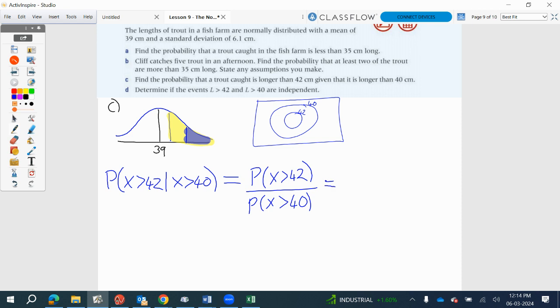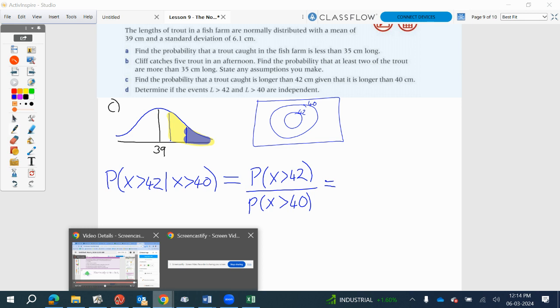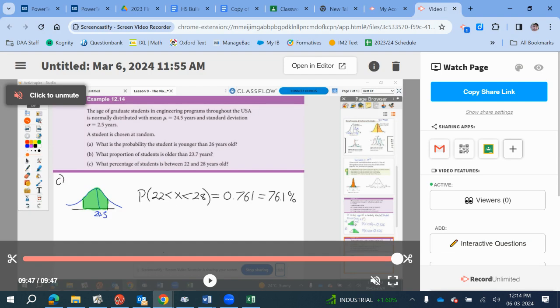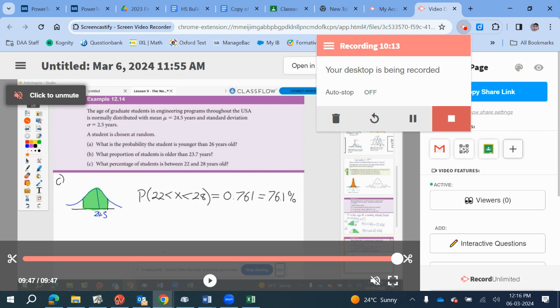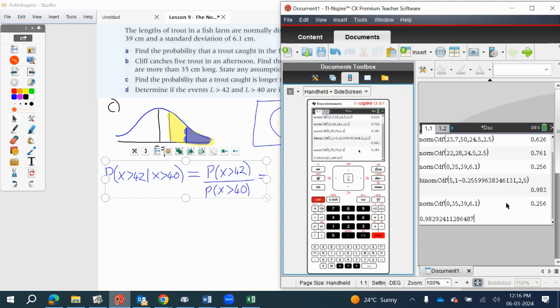Have a go at trying to calculate this using your calculator. Let me pause the video for a minute, give you a chance to do it. All right, so we want these two probabilities. Let me take this one.